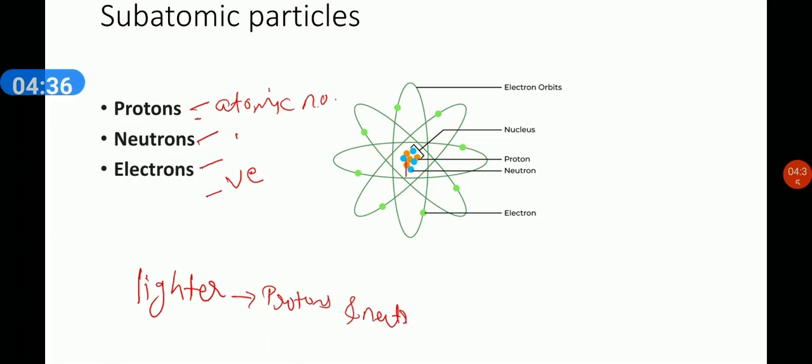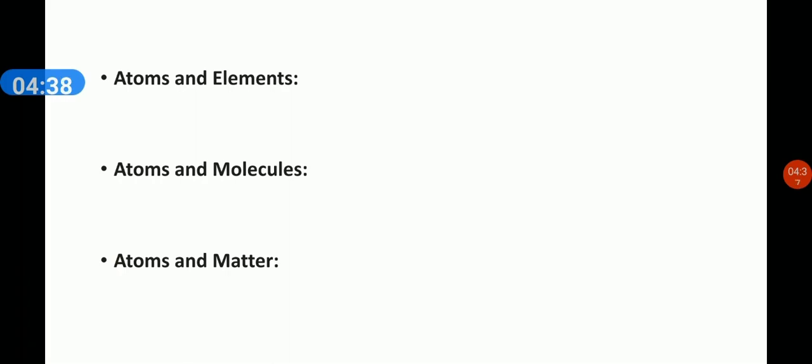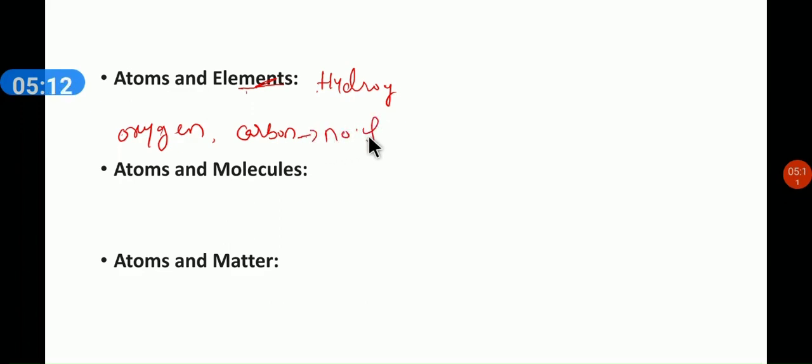In the next slide we will see atoms and elements, atoms and molecules, and atoms and matter. How about atoms and elements? Each element, like hydrogen, oxygen, carbon, is defined by the number of protons in its atoms.